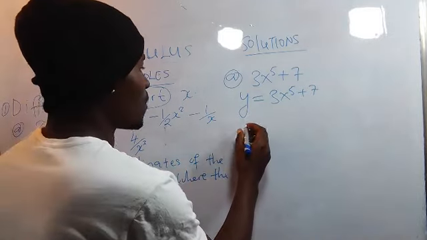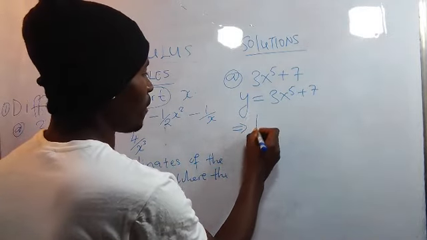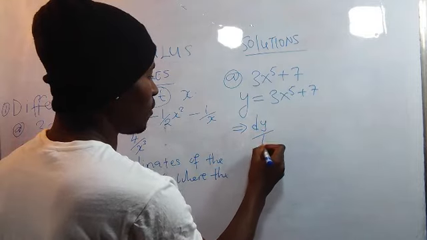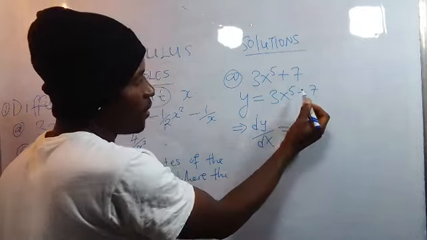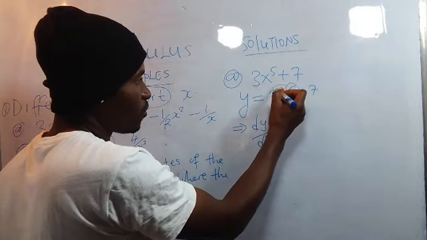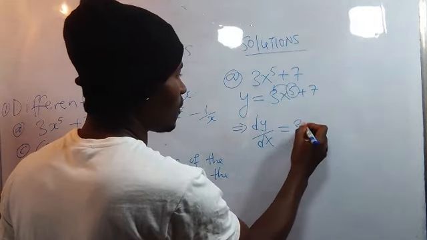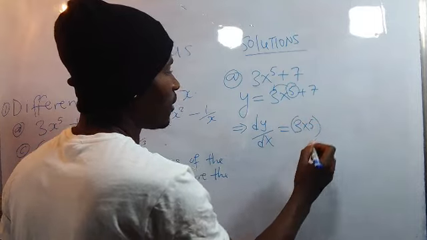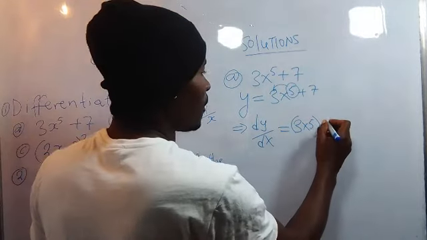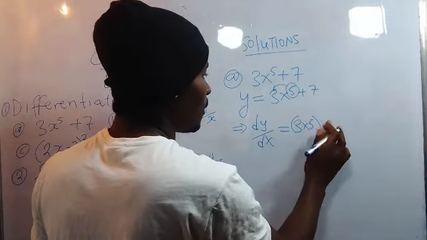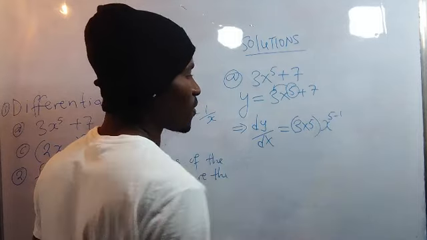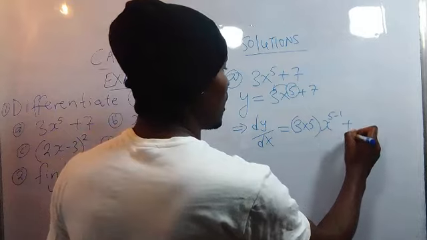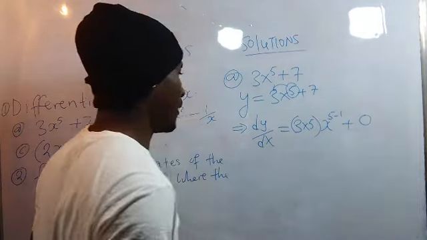Okay, so it's going to be dy over dx equals to, so this power is going to multiply by this. So I'm going to say 3 multiplied by 5. You can do that, okay, and then the x and then this power 5 minus 1, okay, plus 0, if you want to.